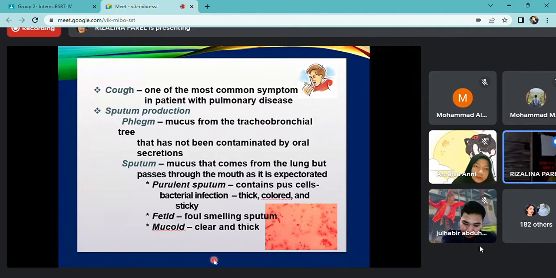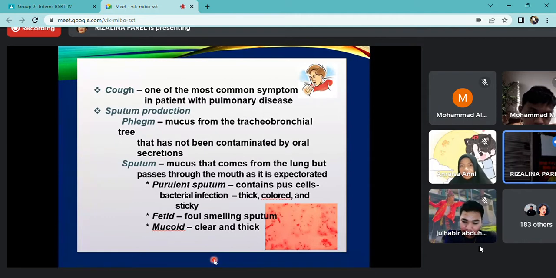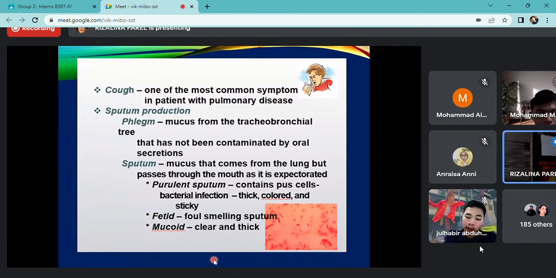Anyway, yung chronic cough, sabi natin kanina, could be coming from the gastroesophageal reflux na hindi magagamot ng bronchodilator o ng antibiotics dahil kailangan mo nang i-resolve yung kanyang acidity ng stomach. Okay, so chronic cough also could be due to chronic bronchitis, chronic asthma, okay, or cigarette smoking.